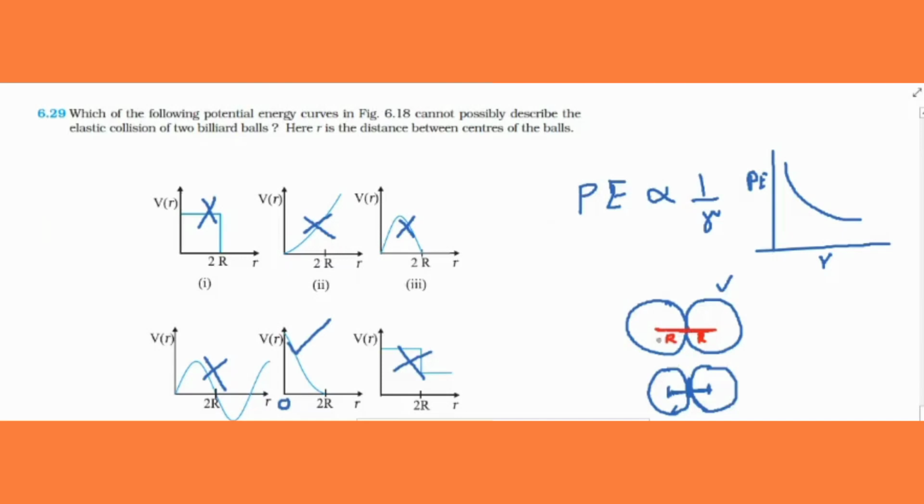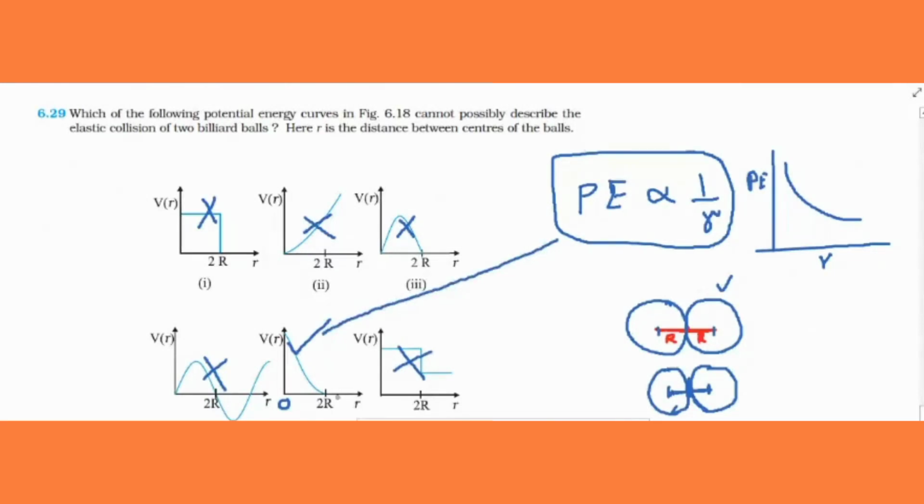That means when the distance between the centers increases, potential energy decreases. That is the reason I told in the beginning, potential energy and distance are inversely proportional. That condition is satisfied only in this graph.